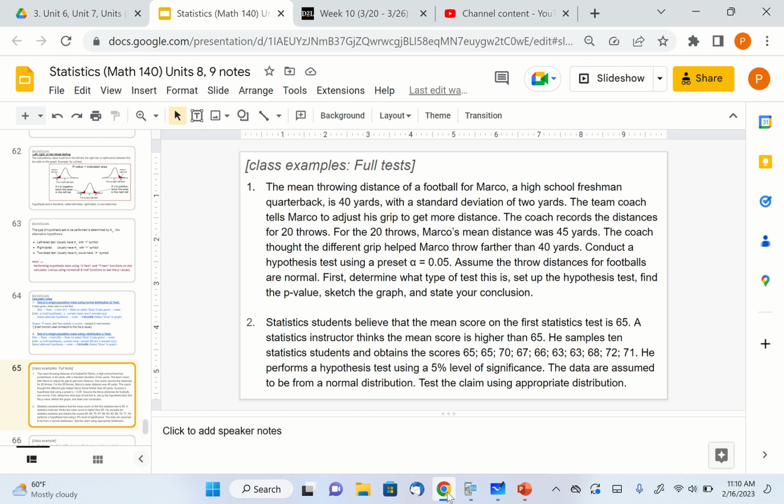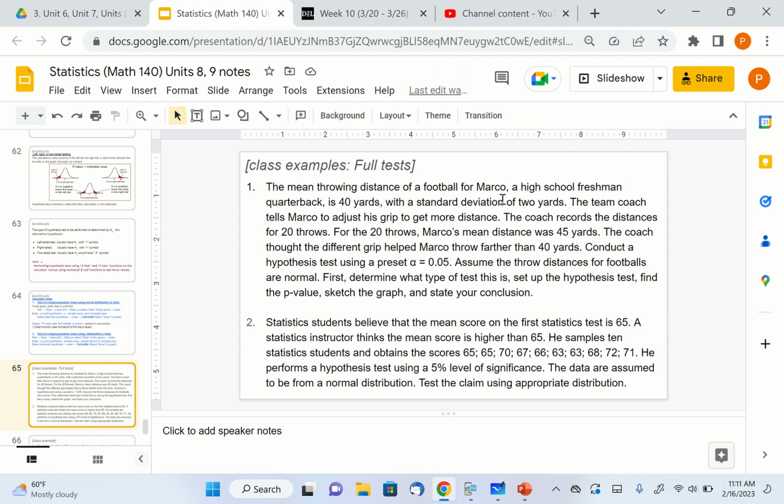So the example states that the mean throwing distance of a football for Marco, a high school freshman quarterback, is 40 yards with a standard deviation of 2 yards. So this is the established, this is his average statistics. So the 40 yards is the population mean and 2 yards is the standard deviation for the population. So the team coach tells Marco to adjust his grip to get more distance.